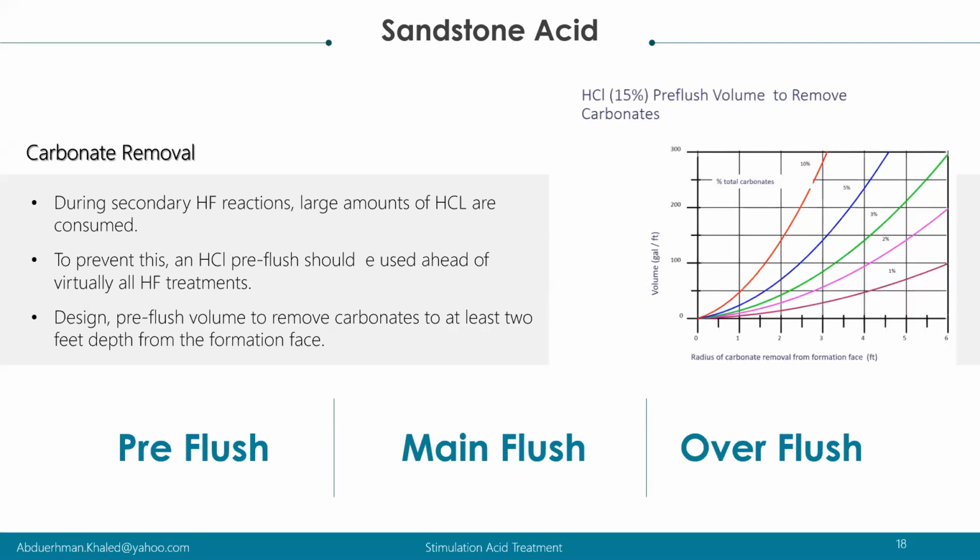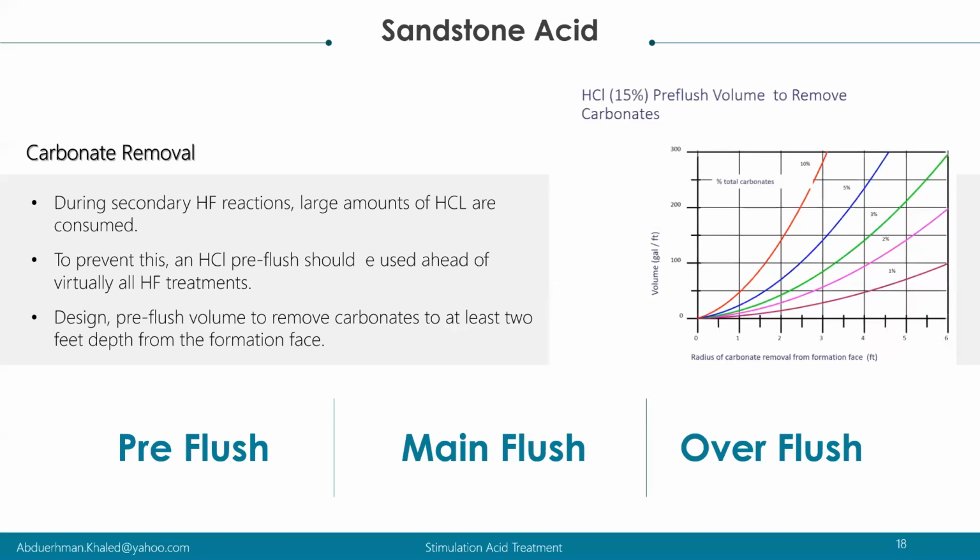We do that by pumping HCl ahead of mud acid as a pre-flush, usually 15%. As you can see here in the chart, according to the percentage of carbonate that you have, you will need a specific volume of pre-flush to remove all these carbonates.